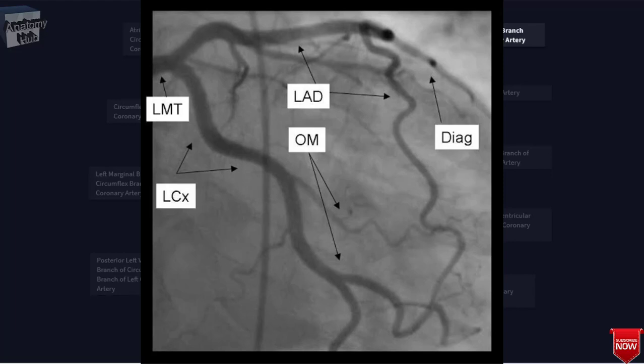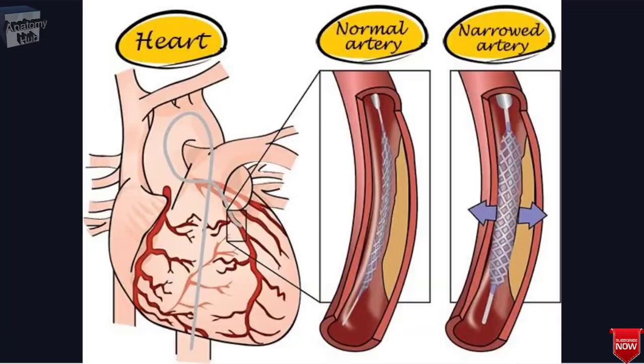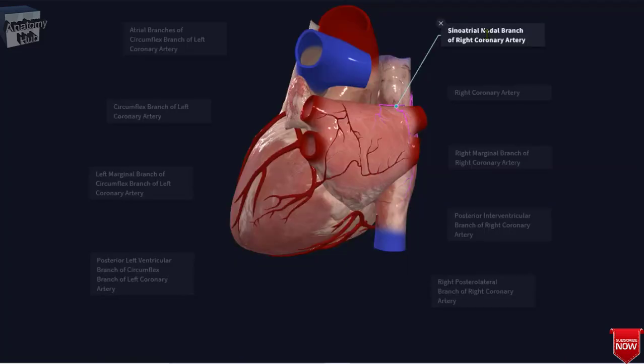Immediate treatment of blockage can be performed by way of coronary angioplasty, which involves the inflation of a balloon within the affected artery, and the balloon pushes aside the atherosclerotic plug and restores the blood flow to the myocardium. The artery may then be supported by the addition of an intravascular stent to maintain its volume.